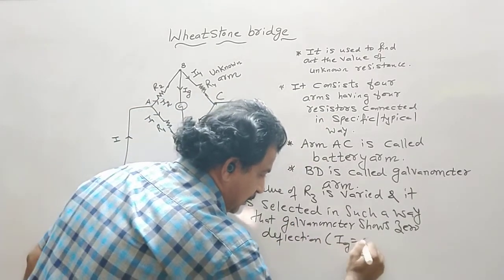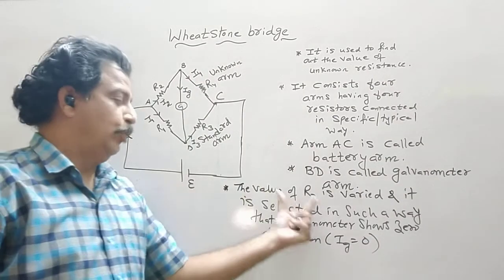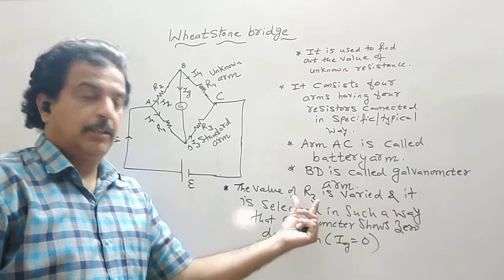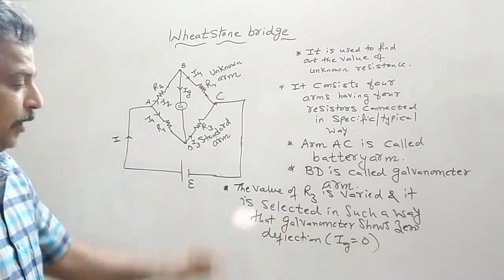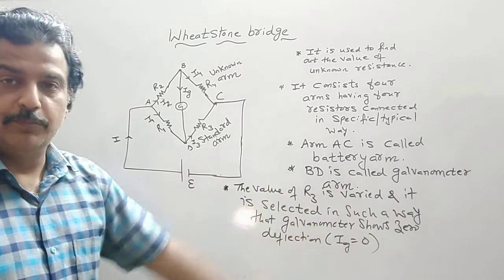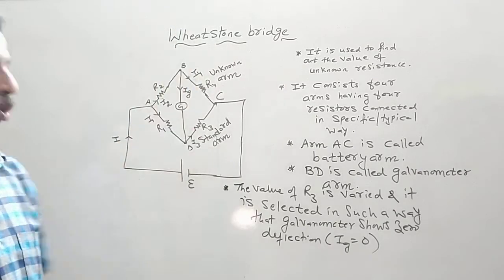So this is Ig equal to 0. So you have to set the value of R3. I will vary the value of R3 so that Ig becomes 0. Now when Ig becomes 0, then the bridge is said to be a balanced Wheatstone bridge.